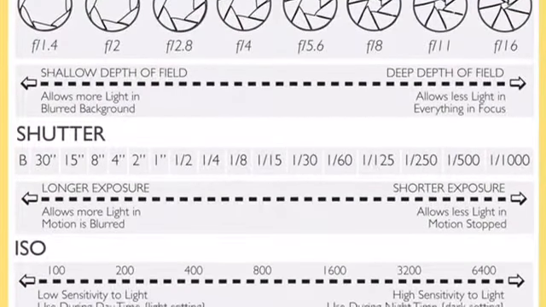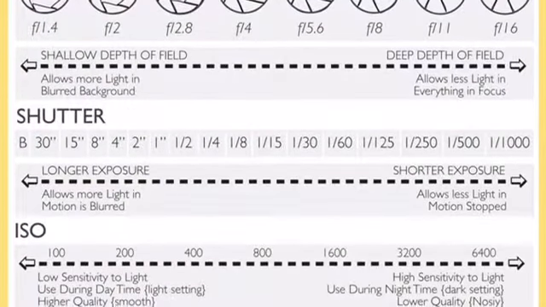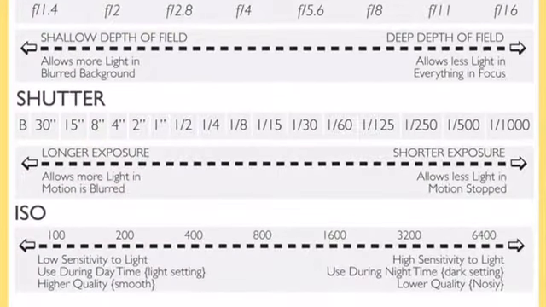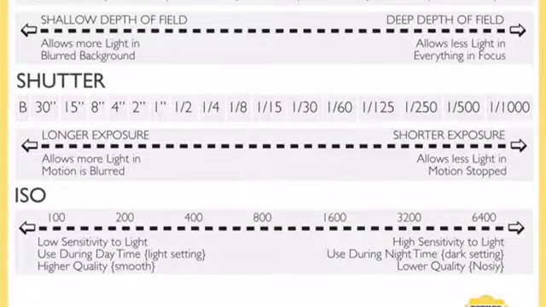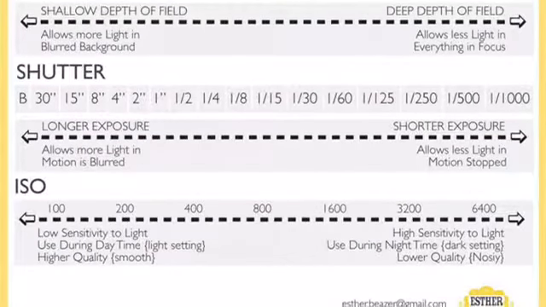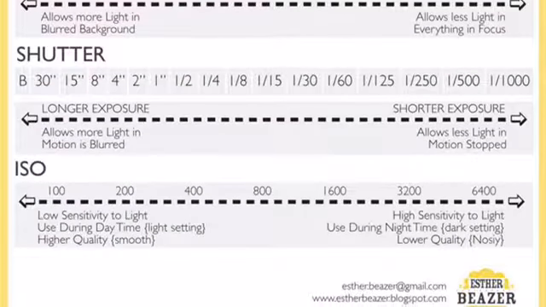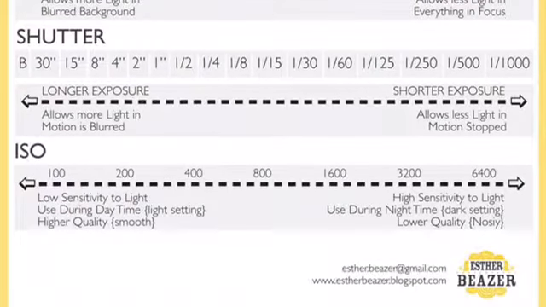And now we have your ISO, your image sensor's sensitivity to light, located in your camera body. The lowest ISO you can go is 100, and clear up, you can even go up to 25,000 if your camera allows it. My camera only allows me to go down to 200 and up to 3200, so it just varies with your camera.